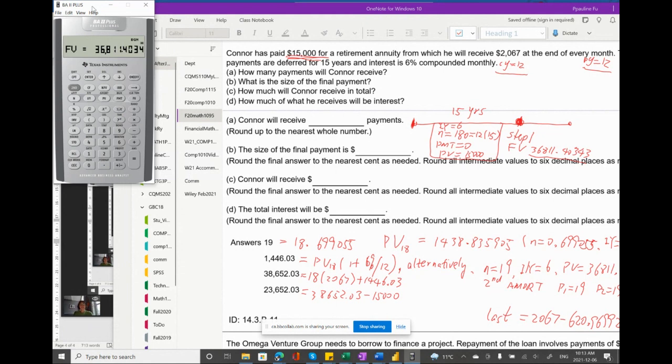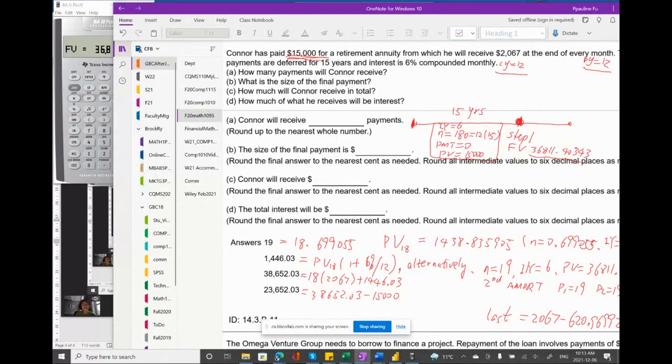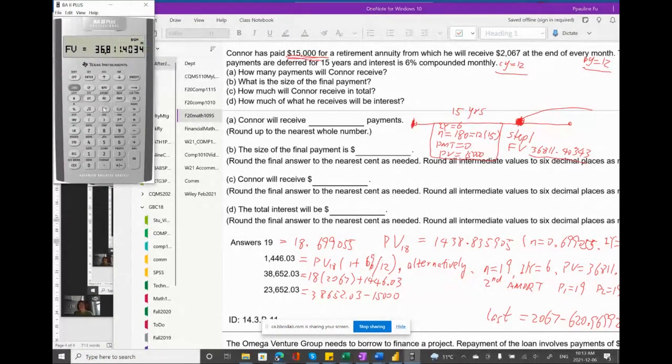Any questions? Once you get this future value, it is the present value for the annuity. Did you see that? At this point, this number is the present value for the annuity. So I change to PV. PV is this number.